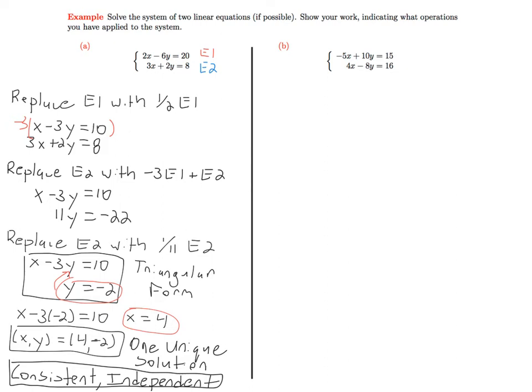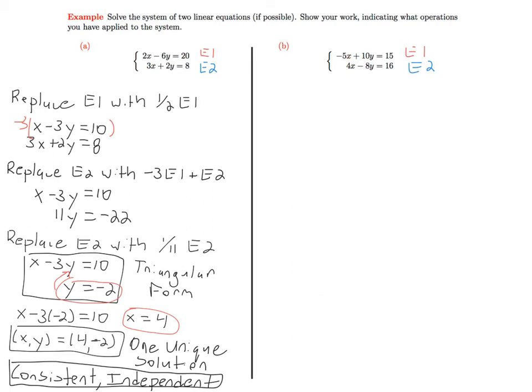Okay, so in part B, we're going to do the same sort of procedure. And so here, again, I'm going to call the top equation E1 and the bottom equation E2. So to get this process started, I want to make the coefficient in front of x in the first equation 1. So I'm going to divide equation 1 by minus 5.